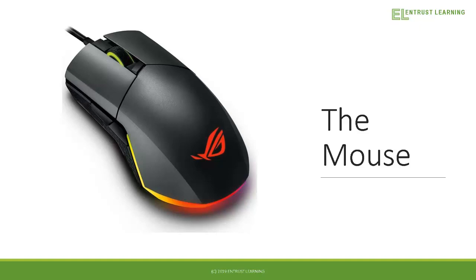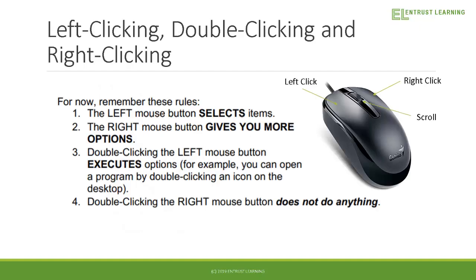Most commonly, mice will have a left and right key. You will also have a scroll bar in the middle of the mouse to allow you to scroll up and down web pages much more easily. Now, if we talk about the left clicking, the double clicking, and the right clicking, for now, remember these rules.